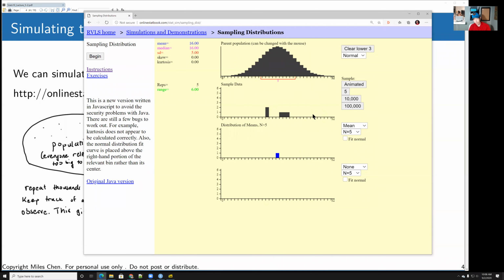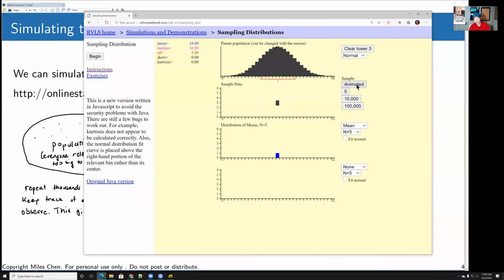Occasionally we'll get some values out here or even out here, but very rarely, because there's hardly anyone in the population with a value of 32 or a value of 0. We will almost never see individuals selected way out here. It might happen, but it's going to be very rare. We might see a couple of individuals selected close to the edge, but very rarely at the edge itself.